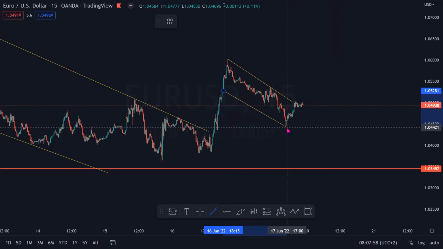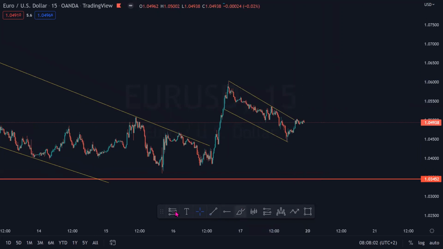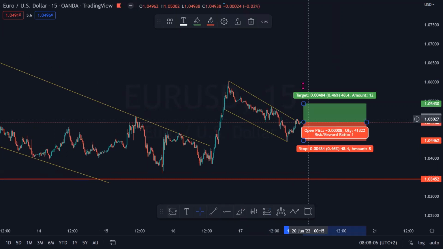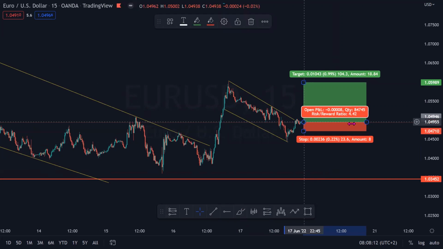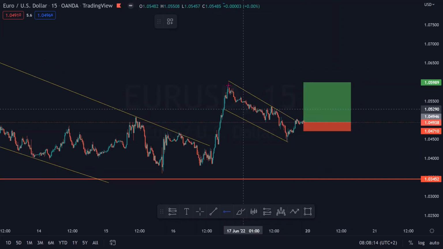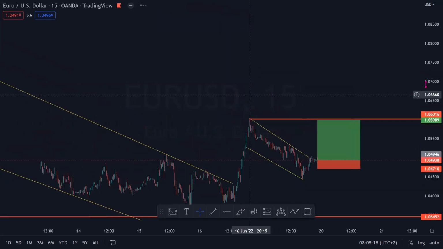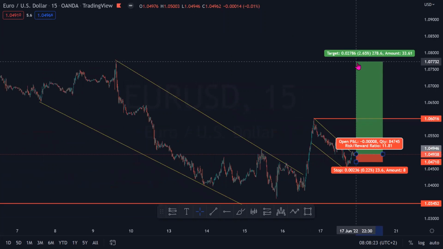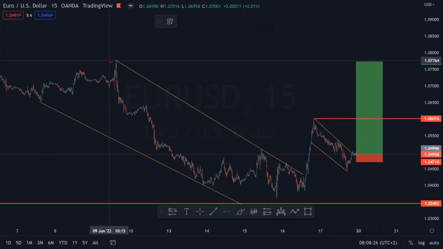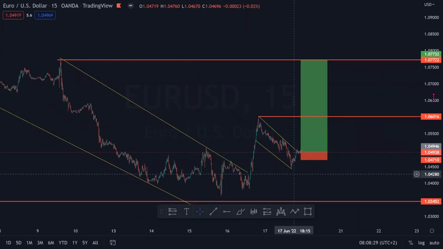This continuation pattern looks like the one we found on our dollar index. This is going to be our first take profit, and this is going to be our last take profit. This is our EURUSD.